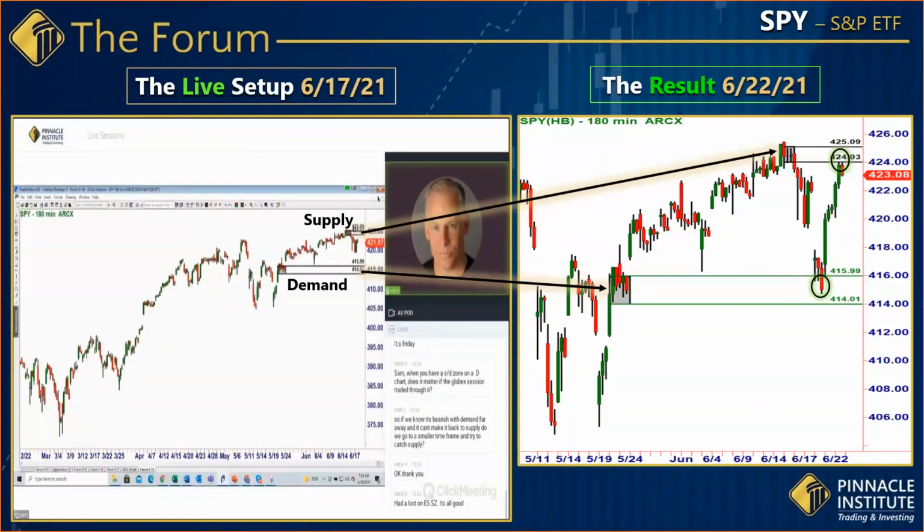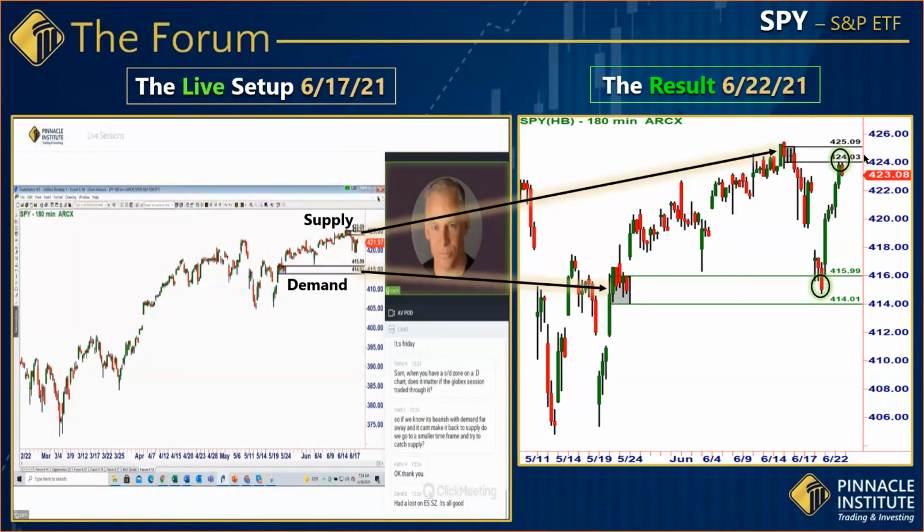So applying the supply demand rules, here we were looking at the S&P. We had demand or wholesale prices here, supply or retail prices here. All that's really happened this week is price started down right here, gapped down to our demand zones late last week, and then rallied this week, right up to the supply zones.